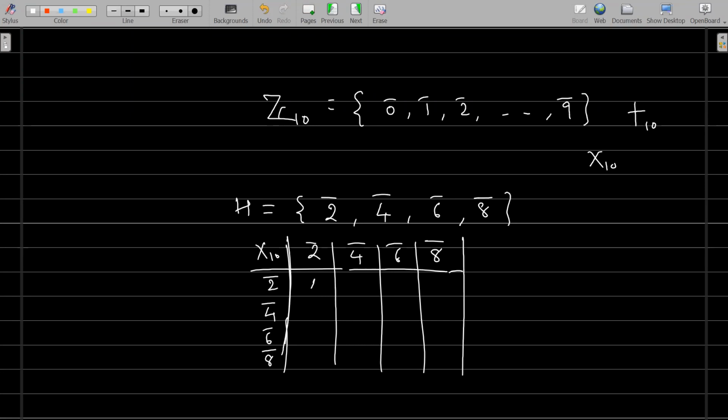So what's the table? 2 2s are 4, 2 4s are 8, 2 6s are 12. We are working modulo 10, 2 8s are 16. I hope all of you are following.